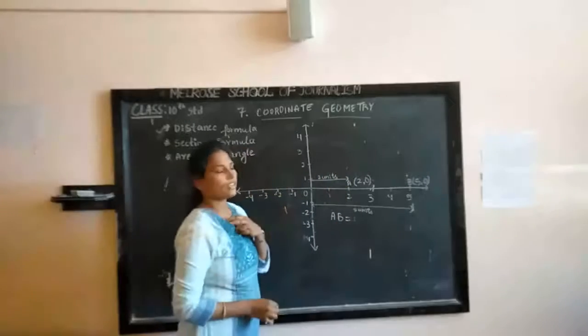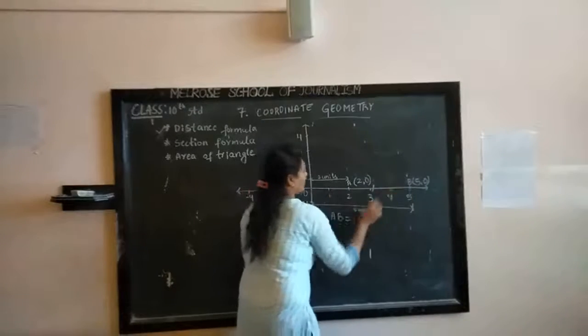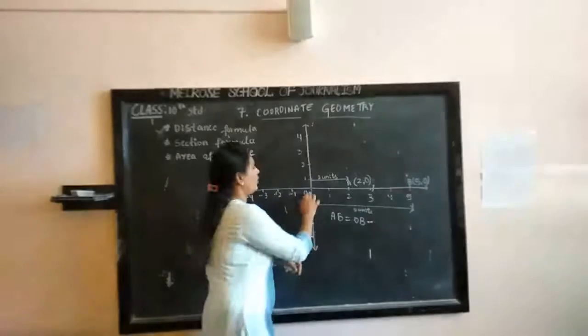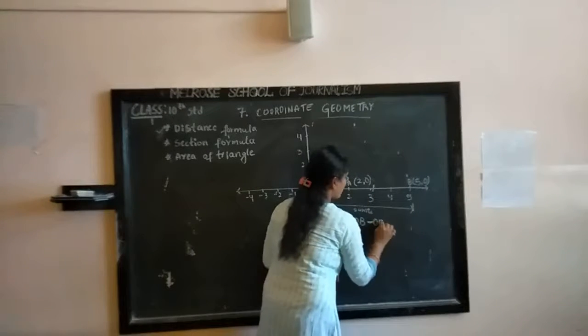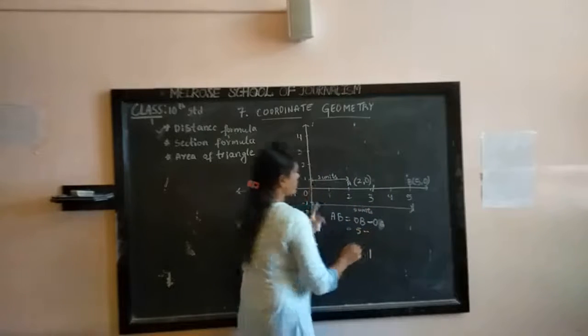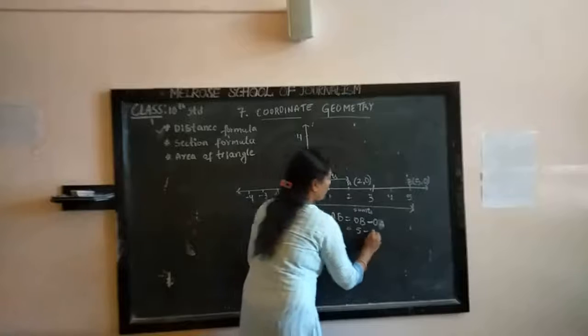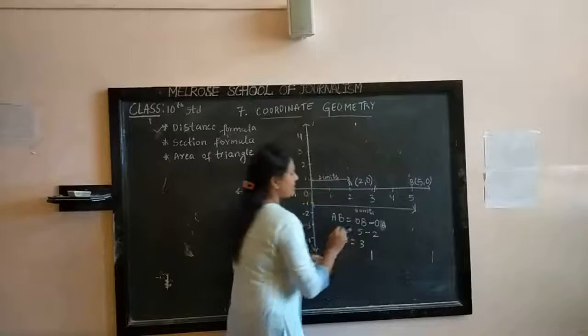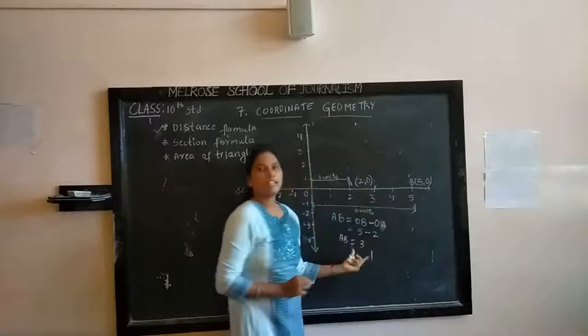So AB is nothing but OB minus OA. What is OB here? OB is 5 units. What is OA? OA is 2 units. 5 minus 2 is 3 units. So the distance of AB is 3 units.